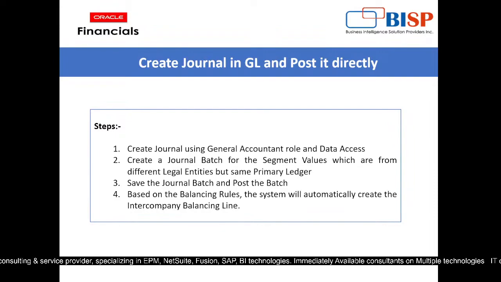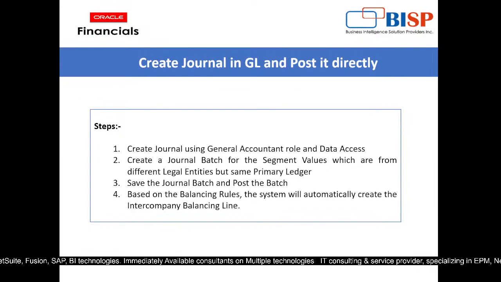But when we create the journals in the general accounting dashboard, we can create a journal with the general accounting role and the data access, and then we will provide the segment values from the legal entities between which the transaction is taking place. Then we can post the batch or the journal, and see how these balancing rules are working in the system.